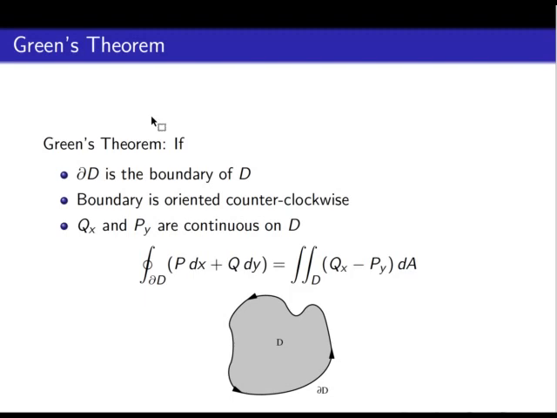All right, Green's theorem. So here's a region. It's got this boundary on it like this, and the boundary is oriented counterclockwise. We assume that these partial derivatives are continuous on D, so in particular they exist. And then this integral of P dx plus Q dy on this curve, basically the integral of F dot dr, is equal to the integral on this region of Q_x minus P_y dA.